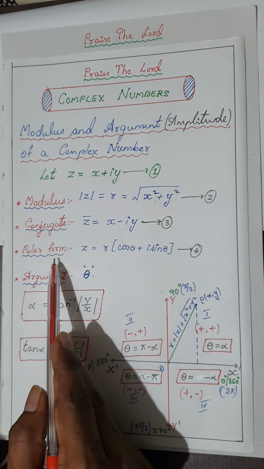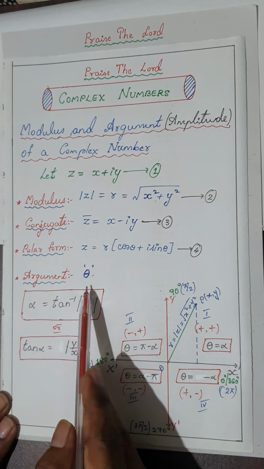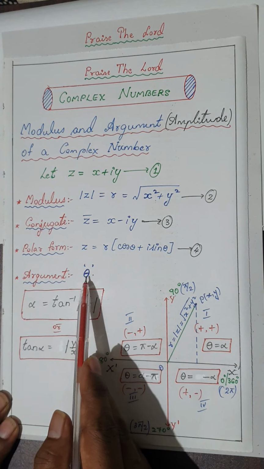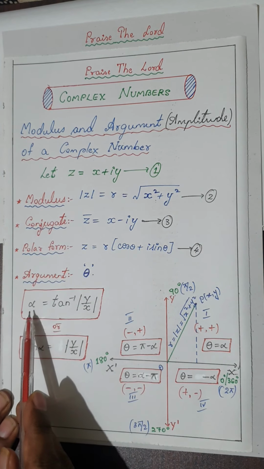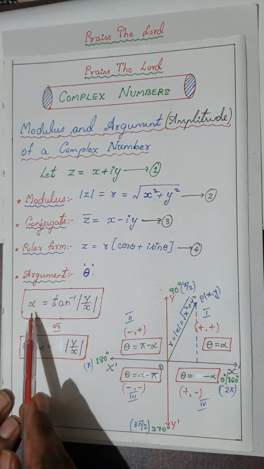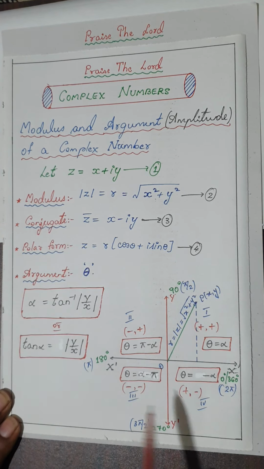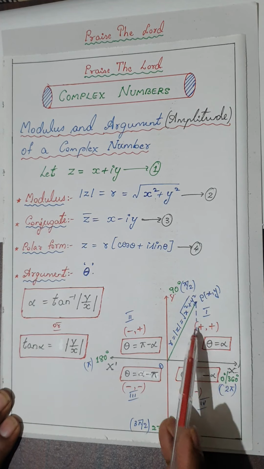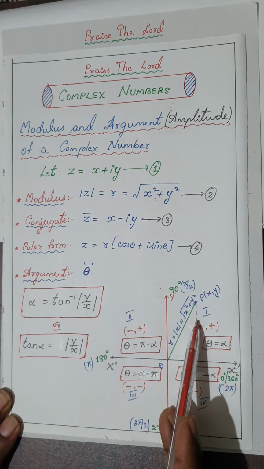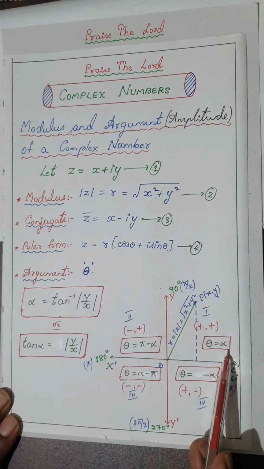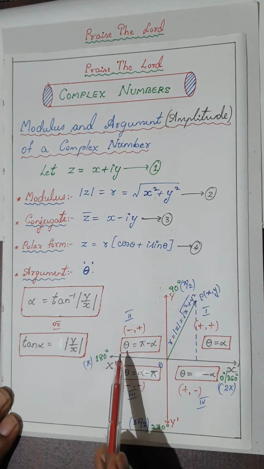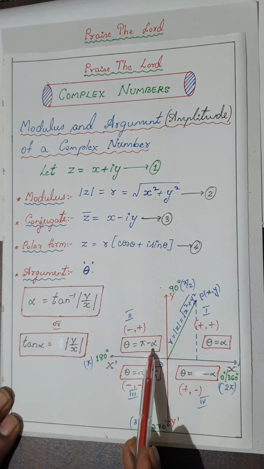Now going into the polar form, we first have to find the value of theta. For me to find the value of theta, you should find the value of alpha. Once we start solving the problems, you'll come to know how we find alpha. Look here: if the complex number is in the first quadrant, then theta and alpha are the same. If it lies in the second quadrant, then theta will be pi minus alpha.